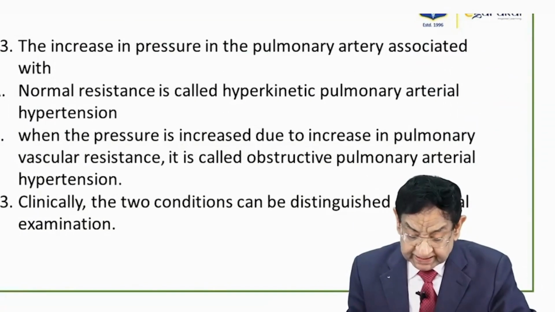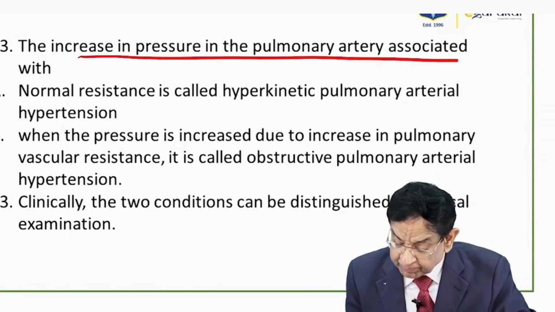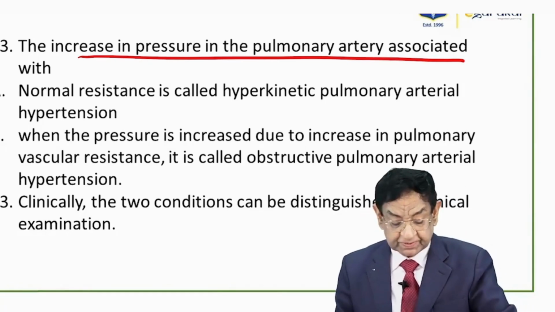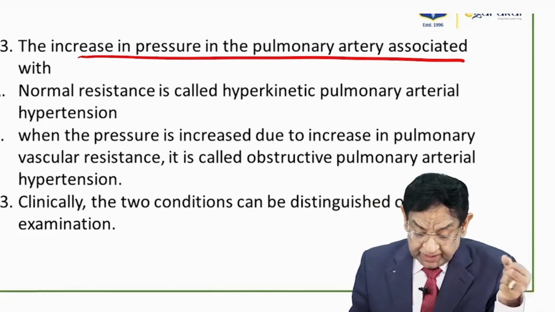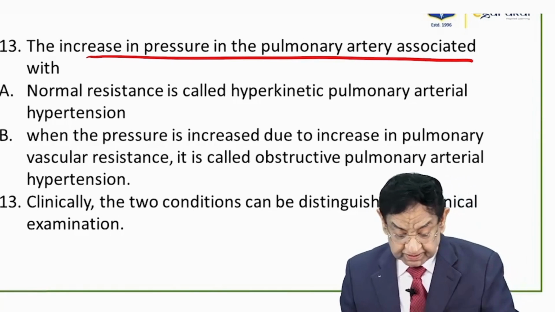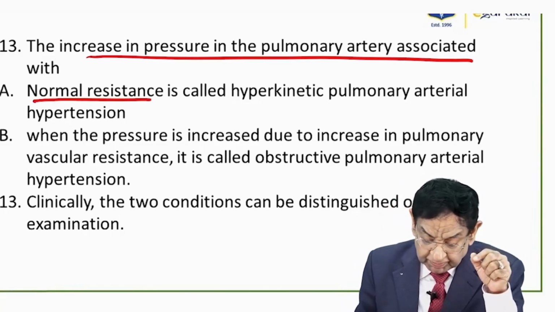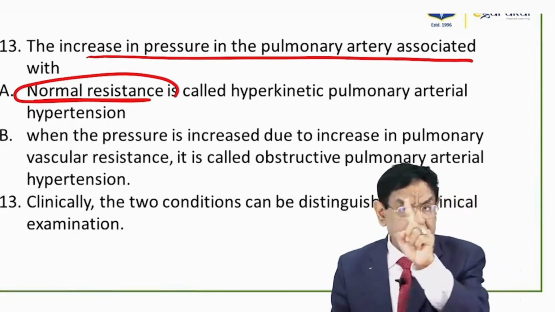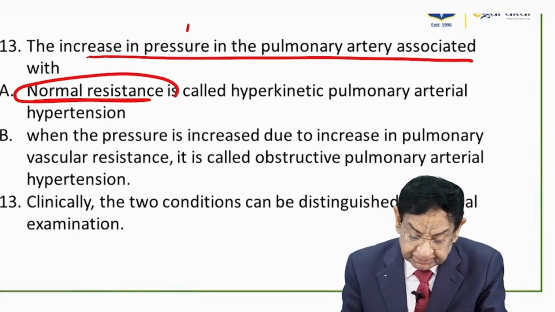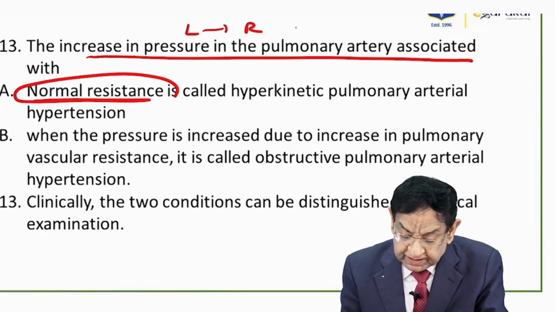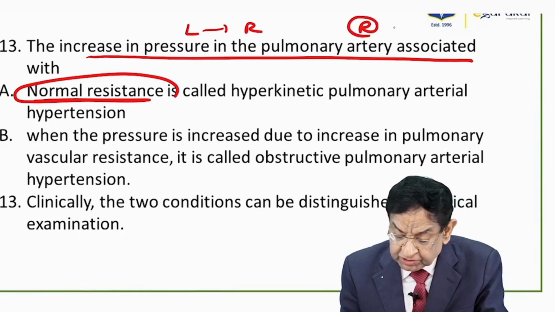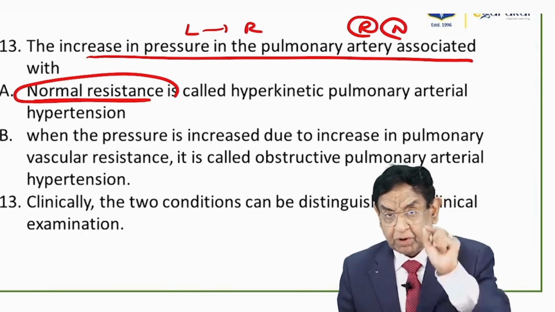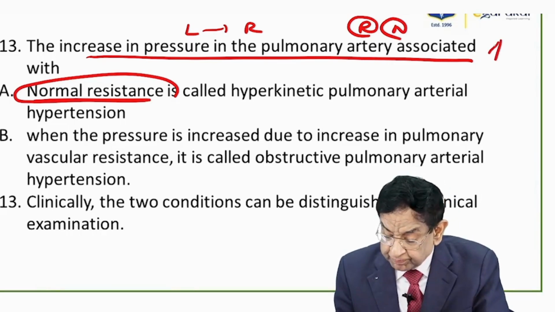So we are getting increase in pressure in the pulmonary artery. Remember, resistance is normal. In this, there is a left to right shunt, and resistance is normal. The problem was increased flow.